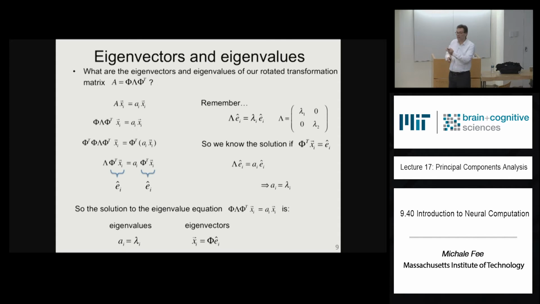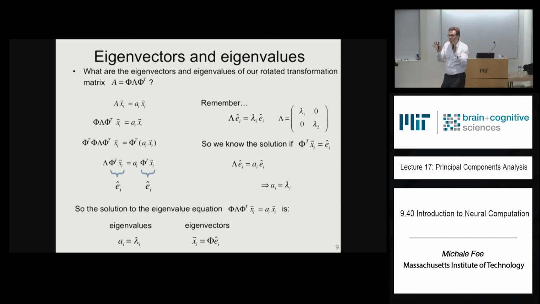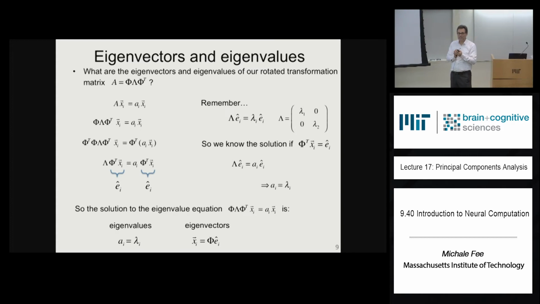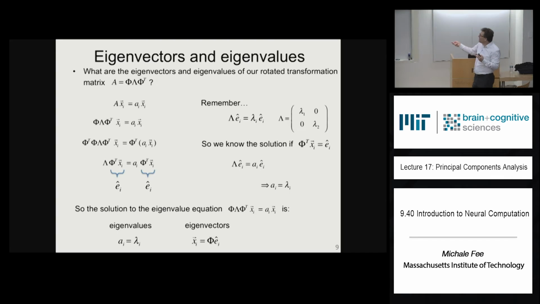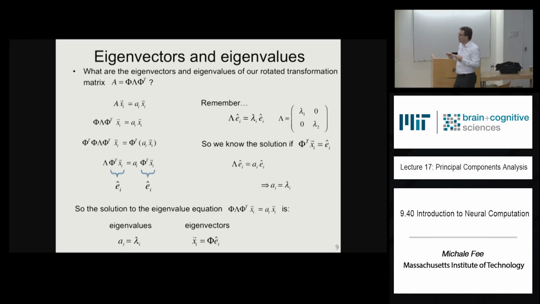Okay? Any questions about that? That probably went by pretty fast, but does everyone believe this? We went through both examples of how this equation is true for the case where lambda is a diagonal matrix and the e's are the standard basis vectors.